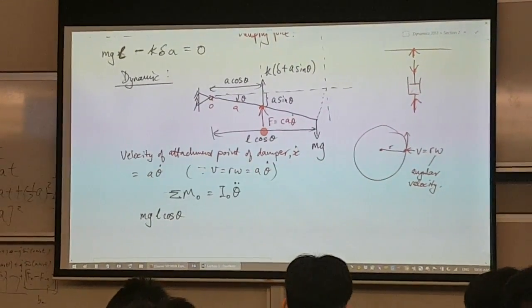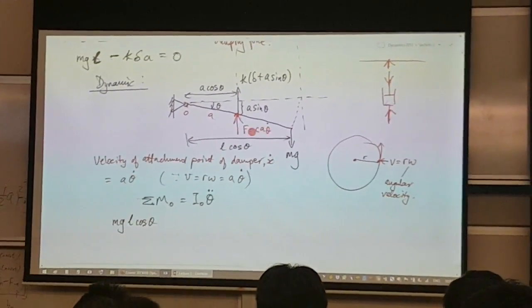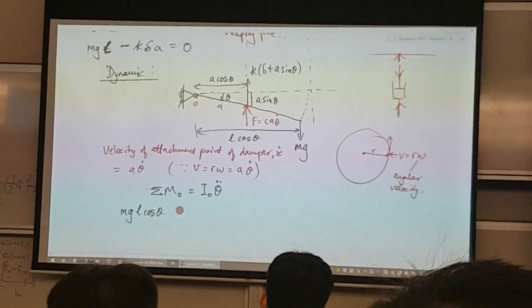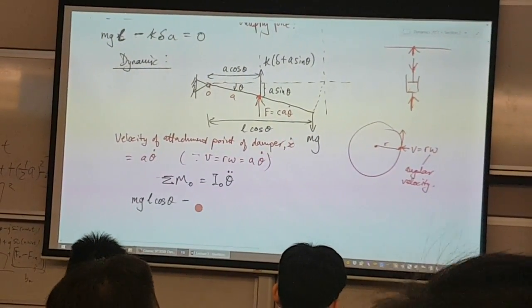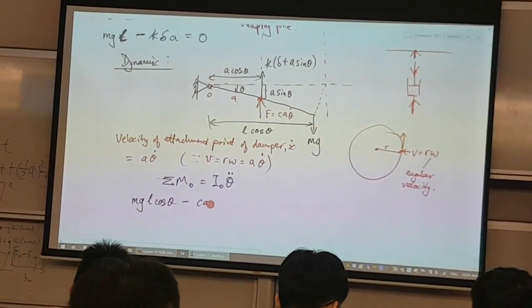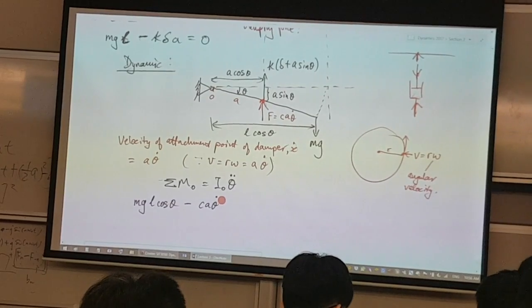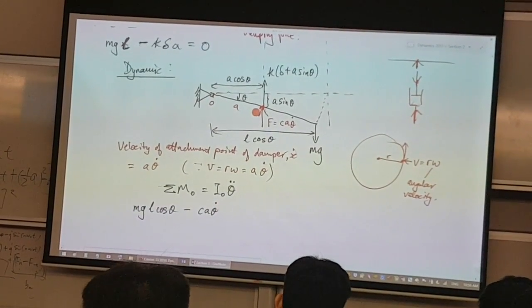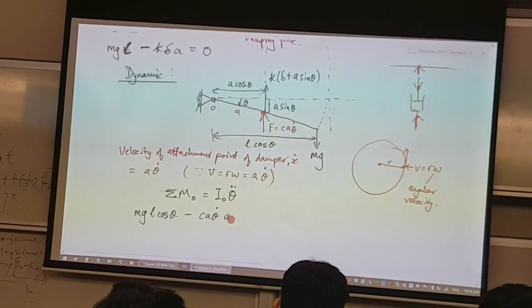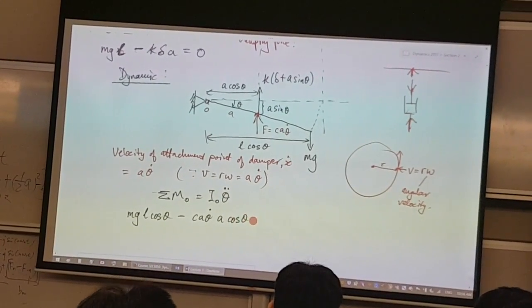The second one, let's look at the damping force. It's in the opposite direction, so minus. Force will be C a theta dot multiplied by the perpendicular distance, which is a cosine theta.